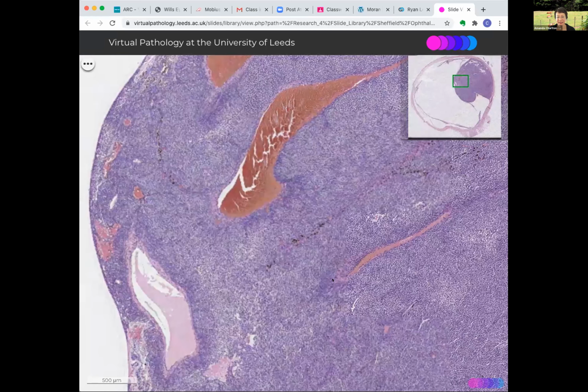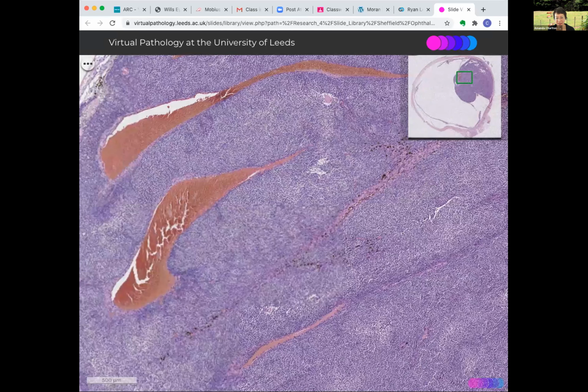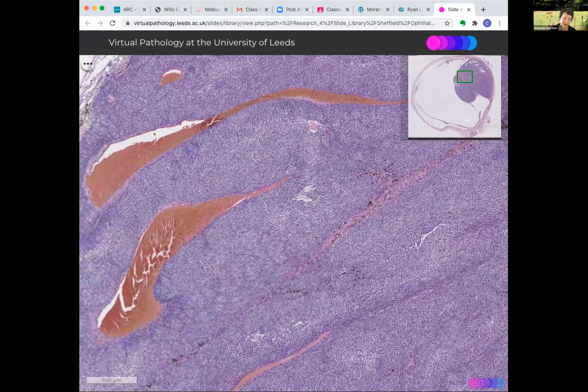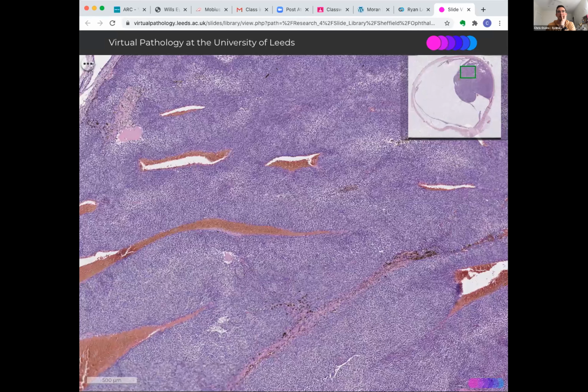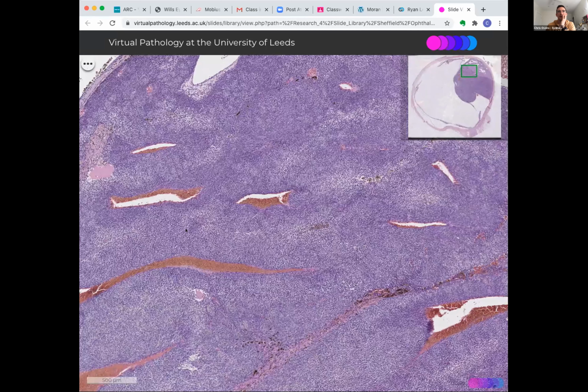So architecture first. Eagle says architecture, then cytology. How's it all arranged? To me it looks fairly sheet-like.